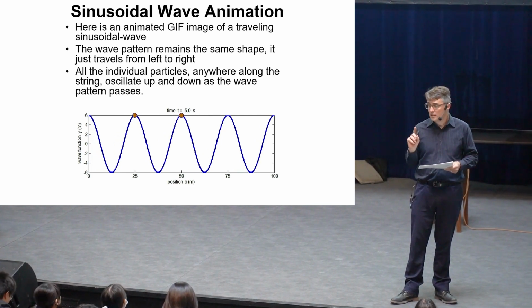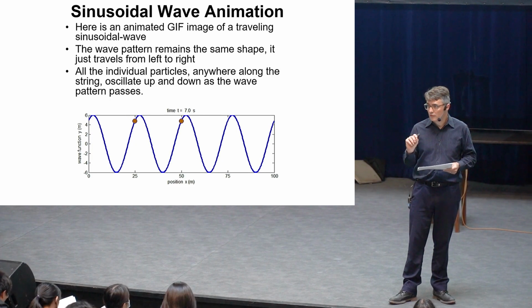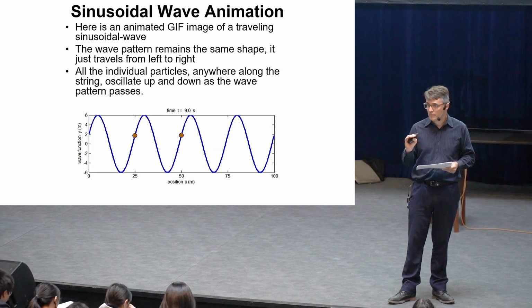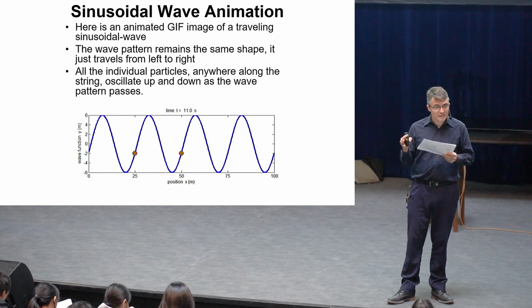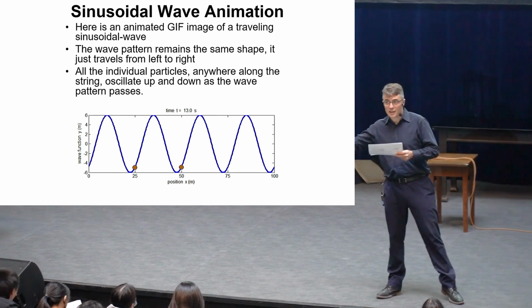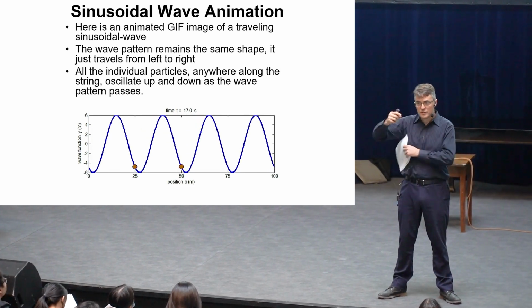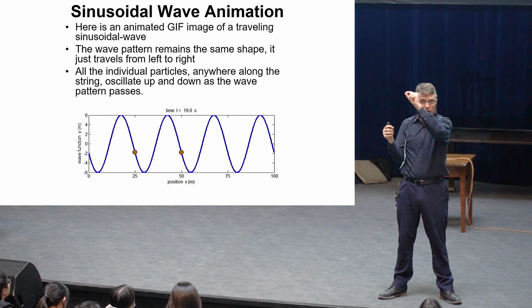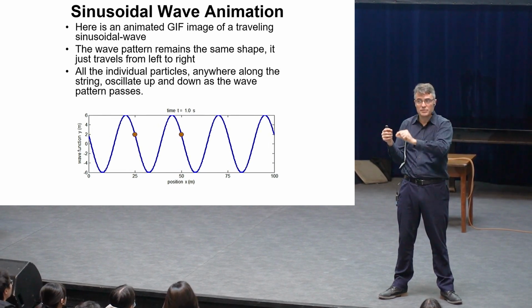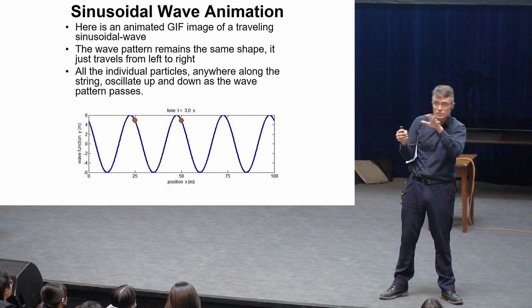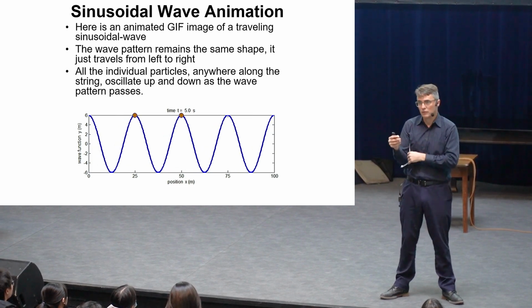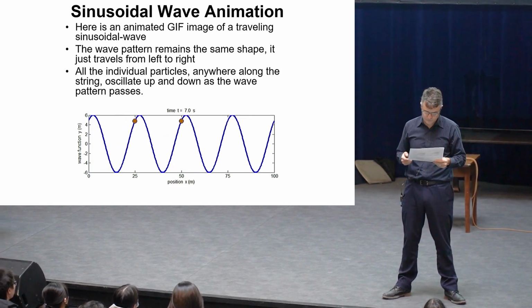In fact, the particles are just moving in simple harmonic motion. So this is chapter 11, where we're talking about a real wave that moves along, but there's a chapter 10 concept, which is that any individual particle is oscillating with simple harmonic motion, and so are its neighbors, but just a little delayed or advanced.